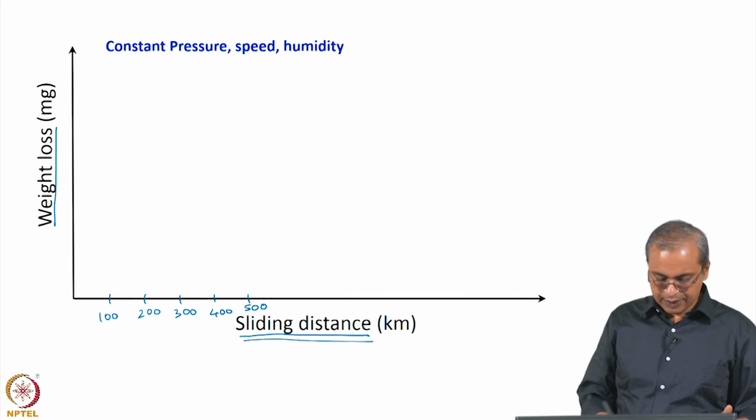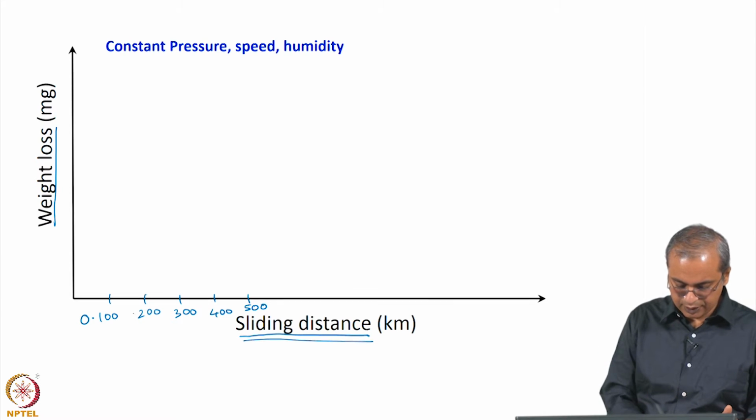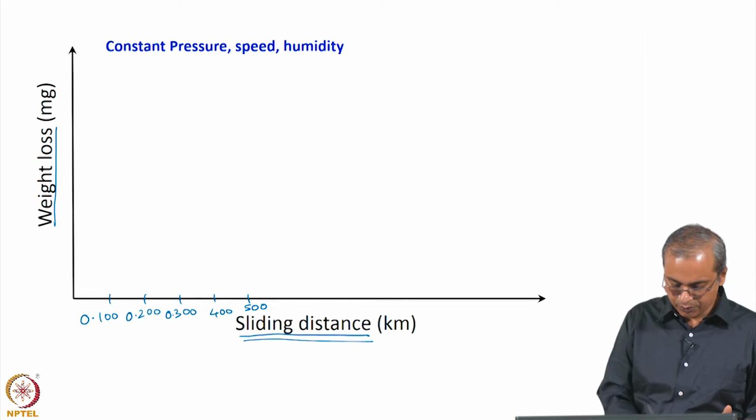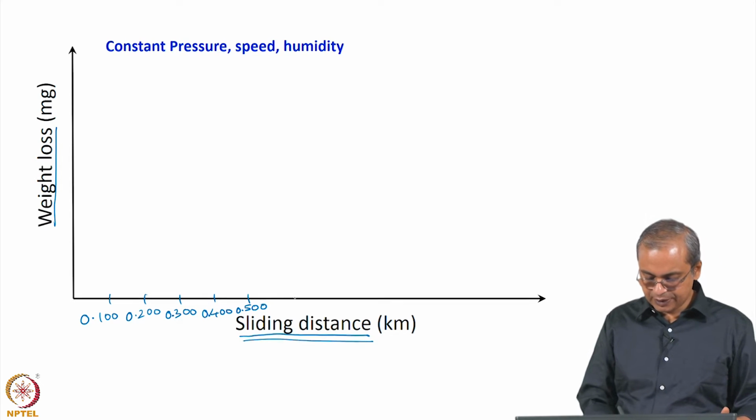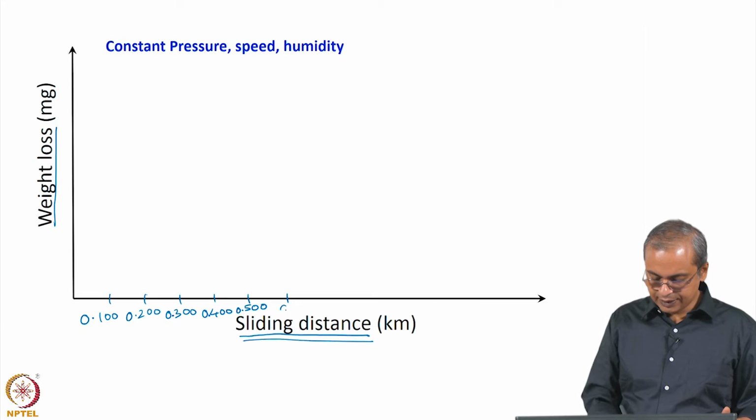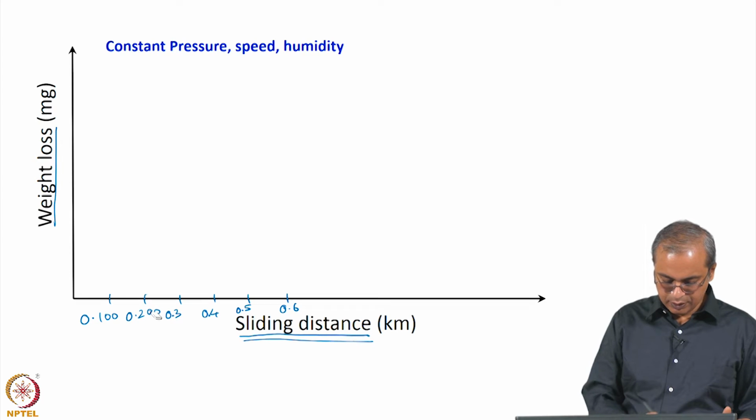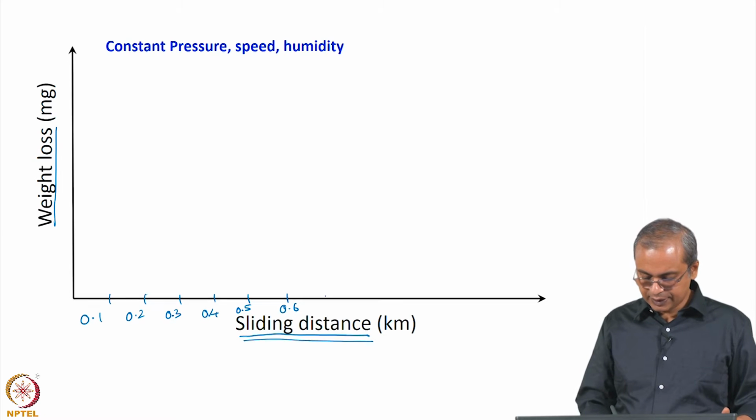We will mark it as 0.1, 0.2, 0.3, 0.4, 0.5, 0.6, and then we will go up to 1. So, we have 1 kilometer.